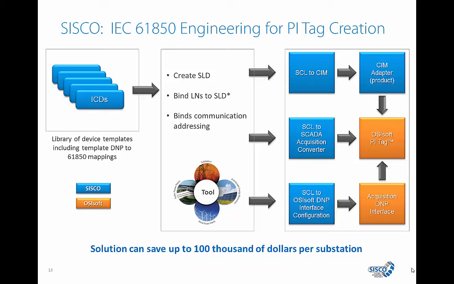We can also now use the information in this file to actually create the PI DNP interface XML configuration file. Therefore, it can be deployed to a particular PI interface node with no mistakes. According to our customer, this can save up to $100,000 per substation.